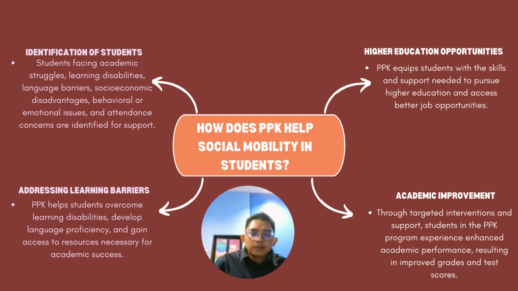Likewise, students with attendance issues may also receive counseling and support to address the factors affecting their school attendance. For example, some students may think that they had better work than learn to support their family, because their family income is too low, or they are having a financial crisis at home.